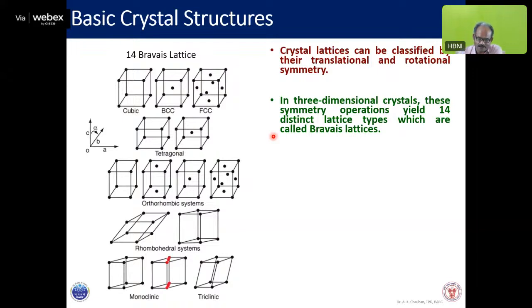Suppose you have NaCl, a sodium chloride crystal. It is not like here I will have sodium and here I will have chlorine. At every one of these points, I will have sodium, and chlorine will automatically adjust its position. Or I can put chlorine here and then sodium will be at some other point.